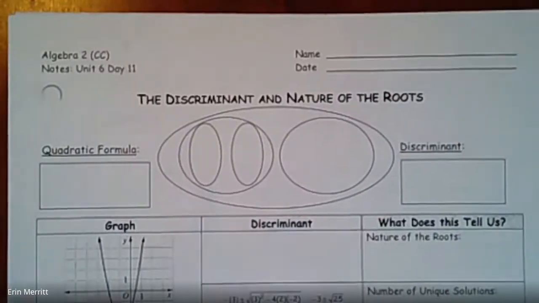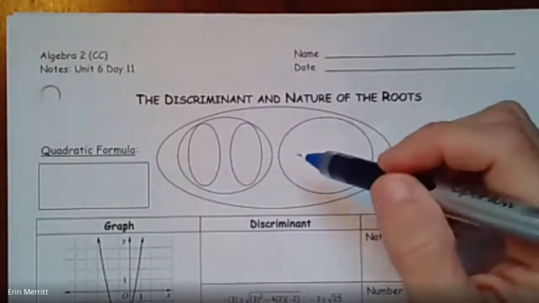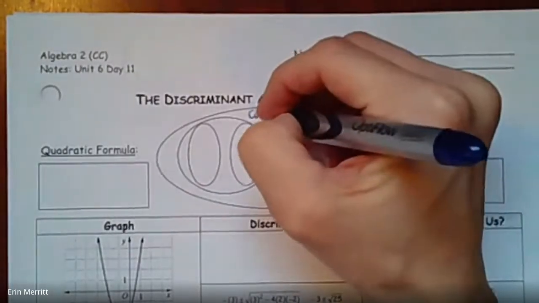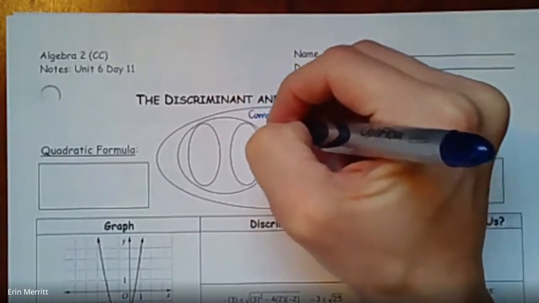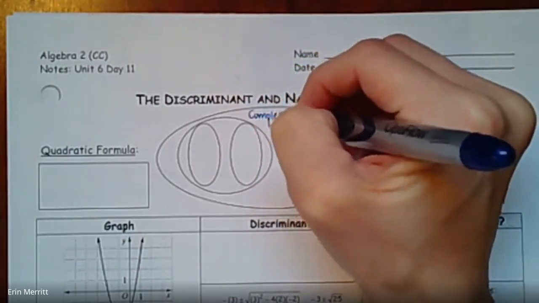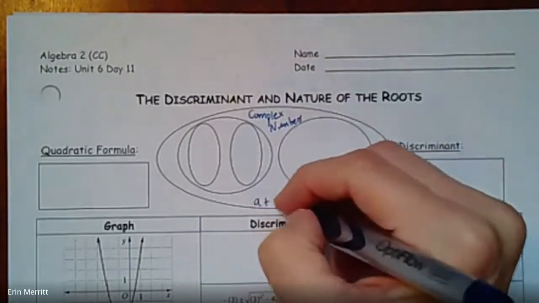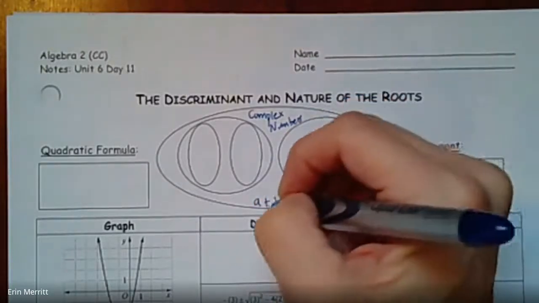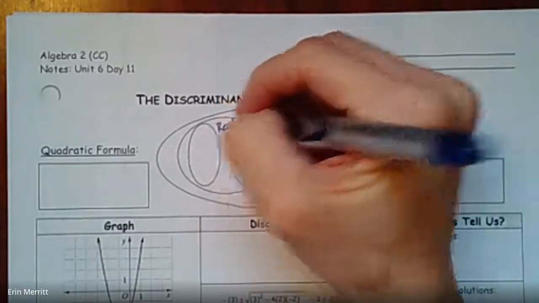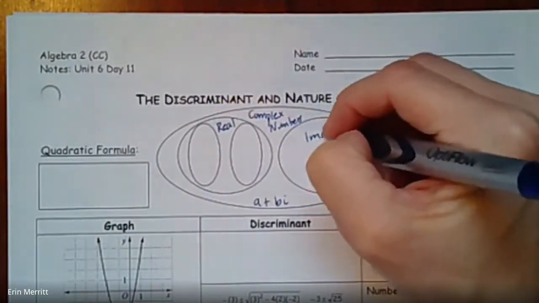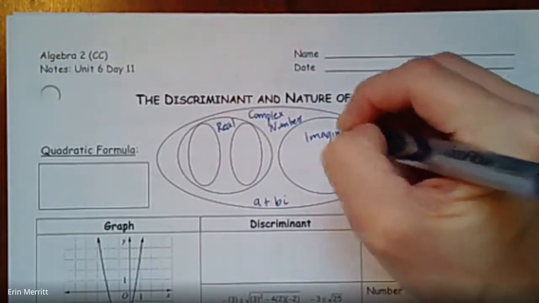So on that sheet, look at this little Venn diagram-y looking thing. We talked about the fact that all numbers fall into the category of complex numbers. A complex number is the whole a plus bi thing. The a part is all the real numbers, and the bi is all the imaginary numbers.